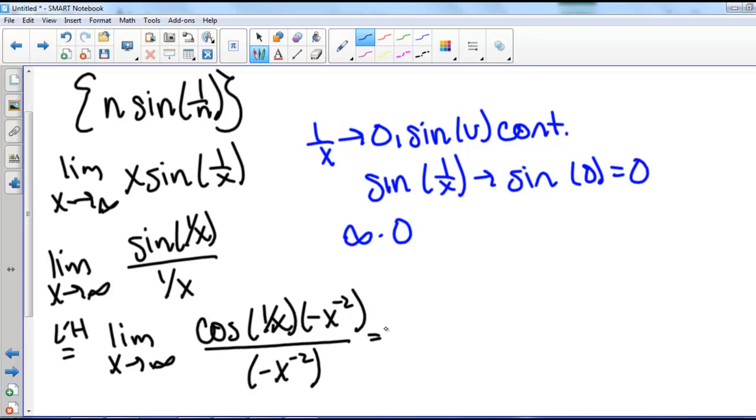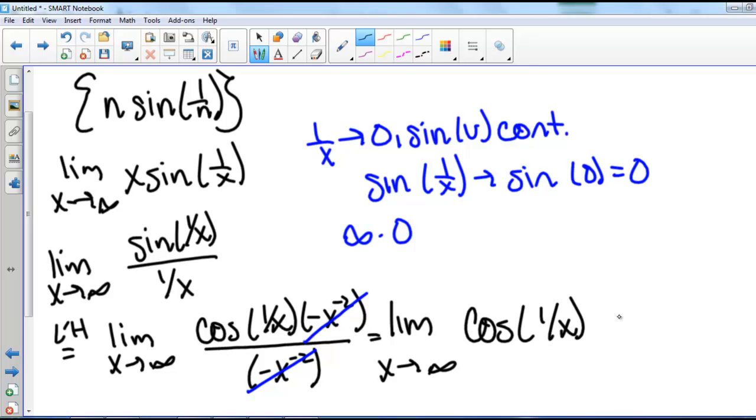So our negative x to the negative 2 powers cancel out, and we're left with the limit as x goes to infinity of cosine of 1 over x. And this is cosine of 0. So similar reasoning as up here: 1 over x goes to 0.